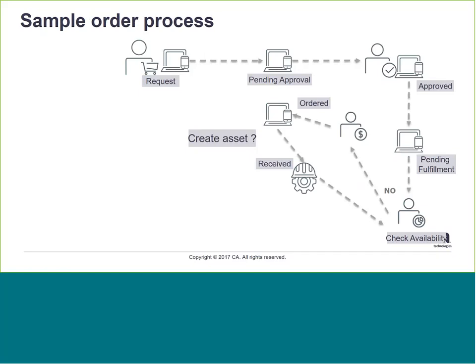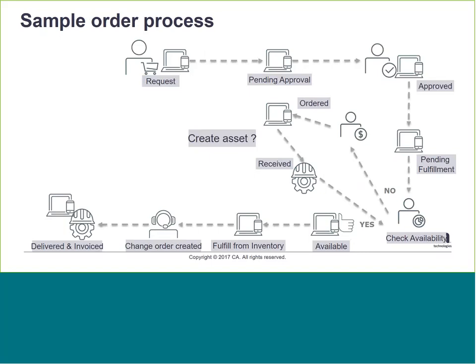You wait for it to be shipped, and then when you receive it, it goes back to the availability check, and then obviously you get it. Once it's in the warehouse, you get it provisioned, you get it inventoried, you close the change order from the order that was done with the request, and then everything is up and running and is serving that business purpose.